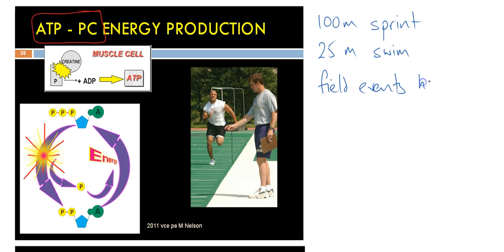So things such as high jump, long jump, javelin, discus, shot put, hammer throw, pole vault, triple jump, etc. So these are maximal effort, very short duration, and continuous activities.